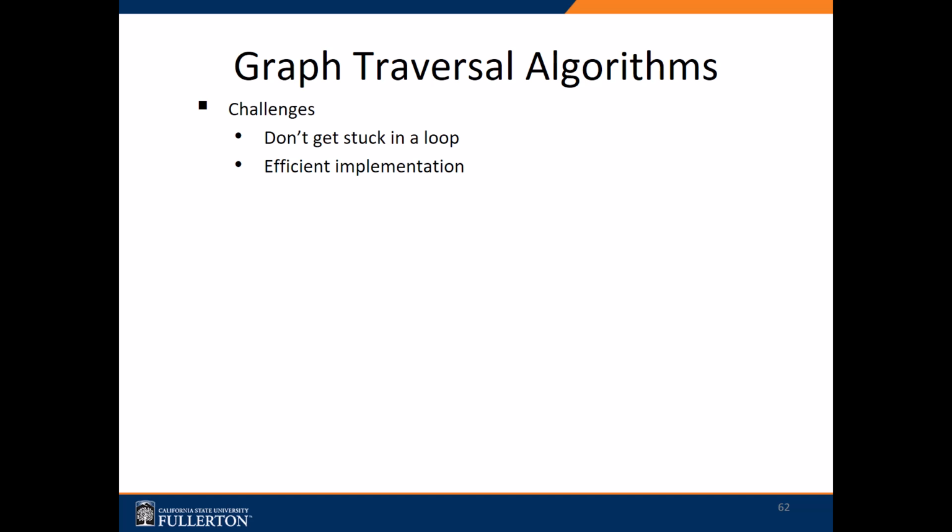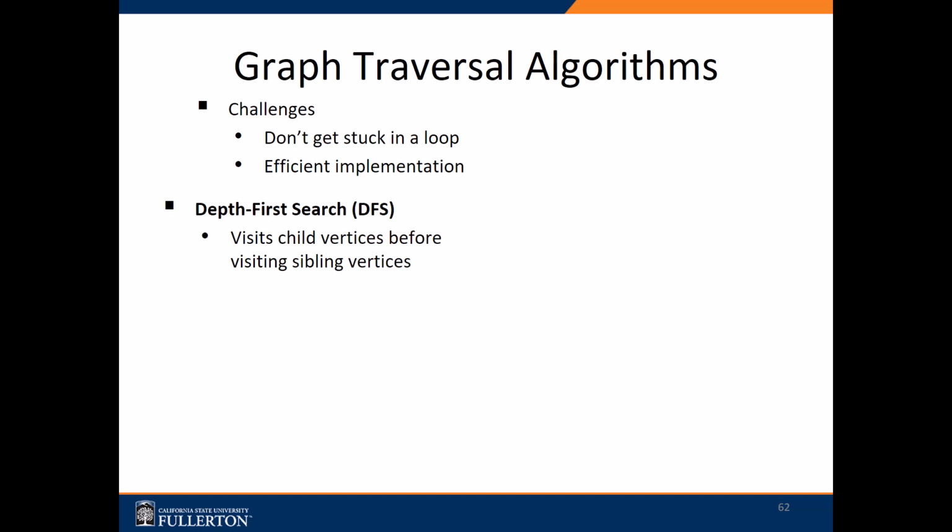There are two main graph traversal algorithms. One is called depth-first search, and this algorithm visits child vertices before sibling vertices. This small graph illustrates this. Let us say I've already visited the 2 vertices shown in blue, and I'm currently at the second node. Depth-first search will choose to move towards a child node before moving to the sibling node.